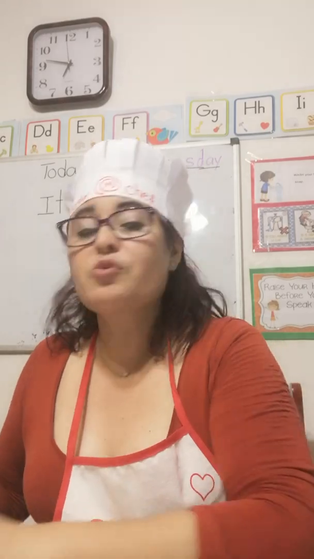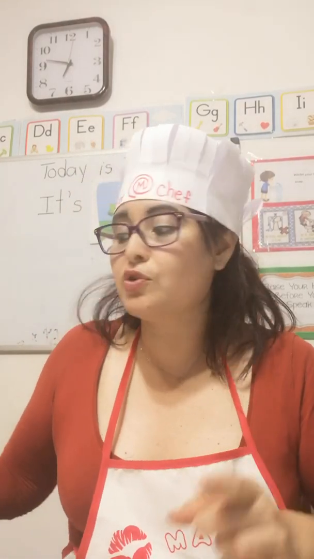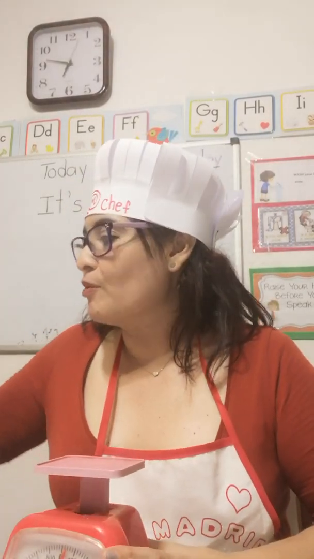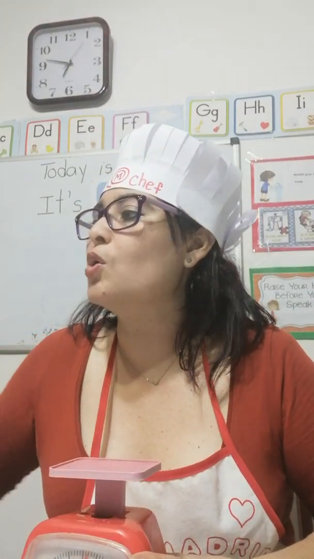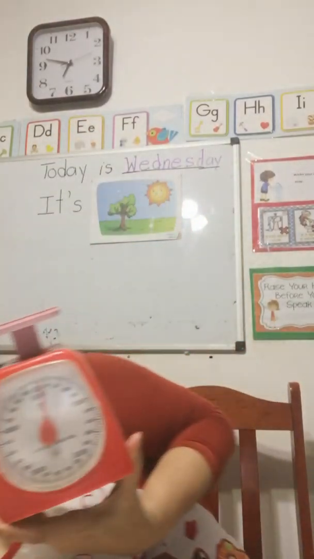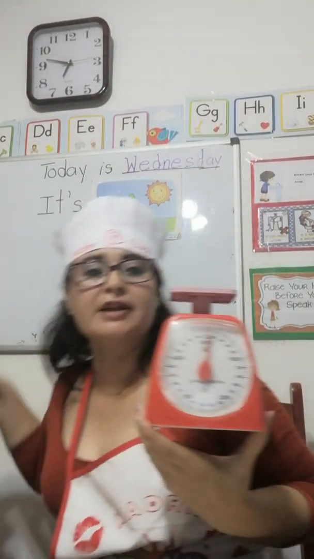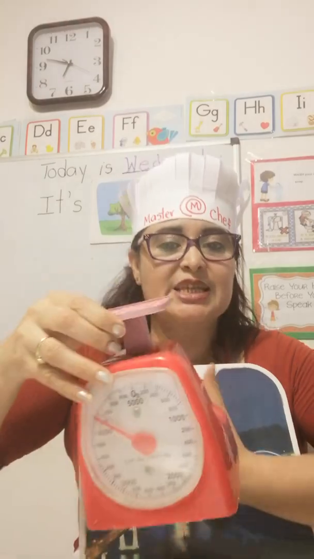Today, we are going to learn some new tools. I'm going to show you those tools that we are going to learn the names of. This is a scale, like this one that I showed you previously, but there is a difference. This is a bathroom scale and this is a kitchen scale.